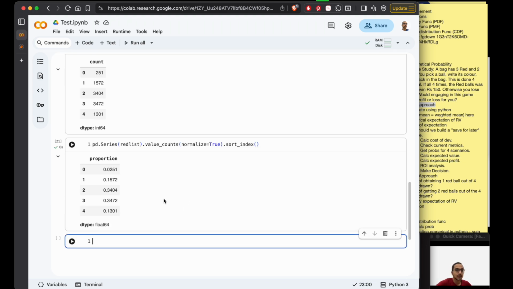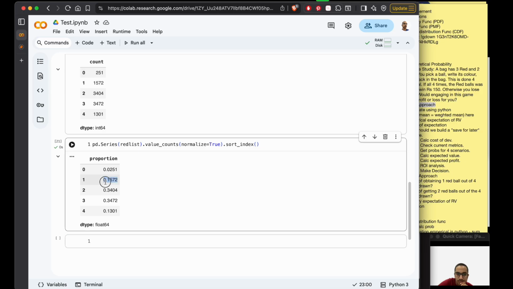So see here, 2% of the times we got 0 reds. Around 15% of the times we got 1 red, right? 34% of the times 2, another 34% of the times 3, and another 13% of the times we got 4 reds.